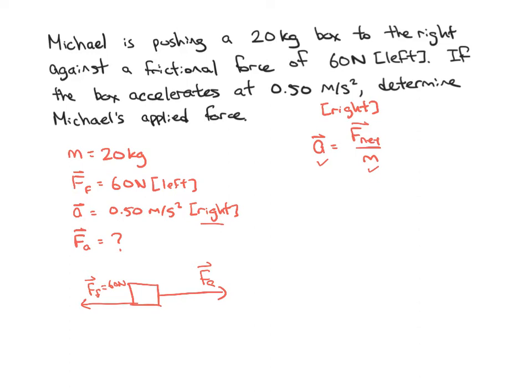So what I'm going to realize is that my net force, in this case, the magnitude of it is going to be the magnitude of my bigger one, the applied force, minus the magnitude of my friction. Okay, so I'm actually just going to replace that where net force is in the formula. It's going to look like this.